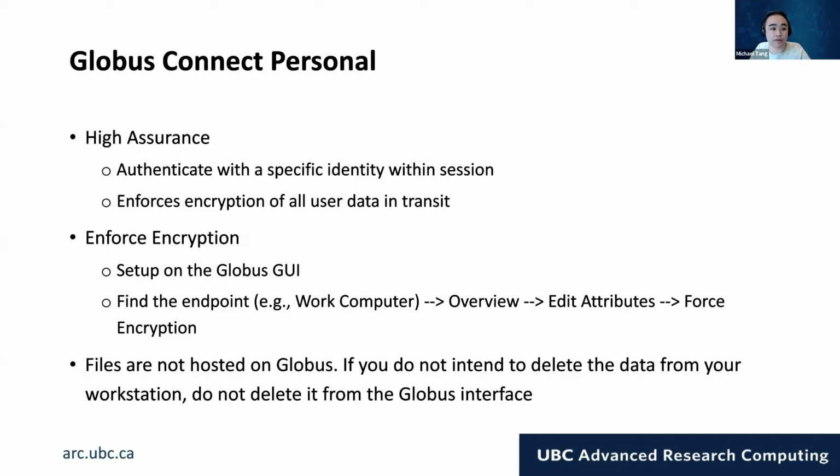But basically, if you do have high assurance, you have the capability of enforcing that the user you're sharing with can only use the login of your institution. So it reduces the types of accounts that can be used to authenticate, and also enforces encryption. I mentioned previously that data encryption is available through Globus, so it keeps the data secure. It is enabled by default, but it can be disabled. We don't recommend or encourage that, but high assurance enforces it so that users cannot disable it.